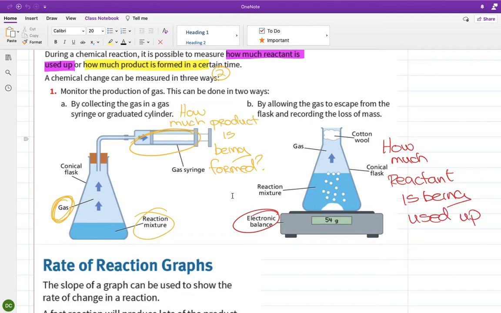Same thing, you have the reaction mixture, you have the gas escaping, and what you'll notice is that the mass will decrease here. So that's just two different ways of measuring it.